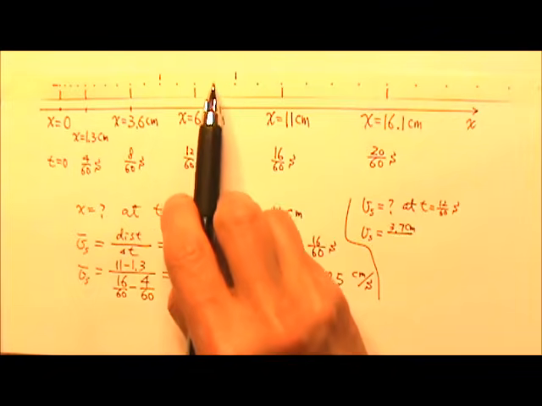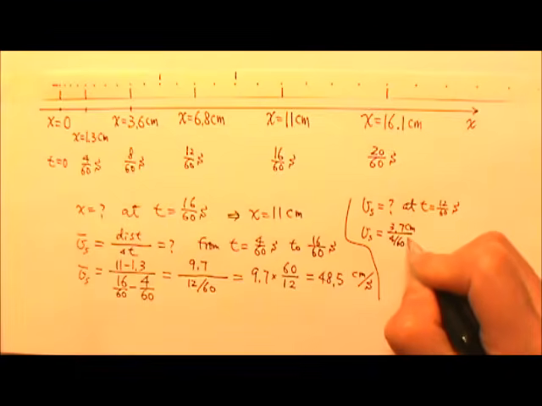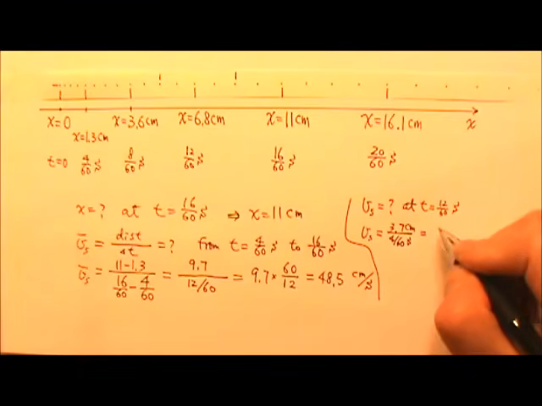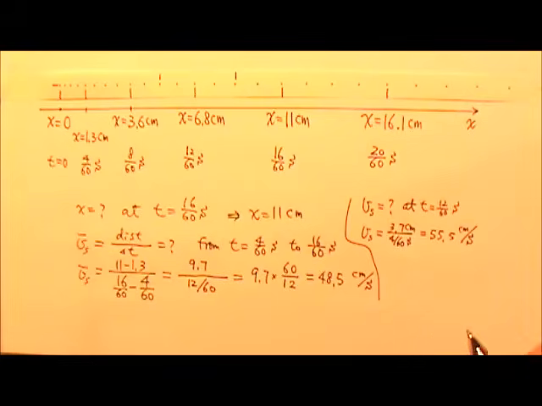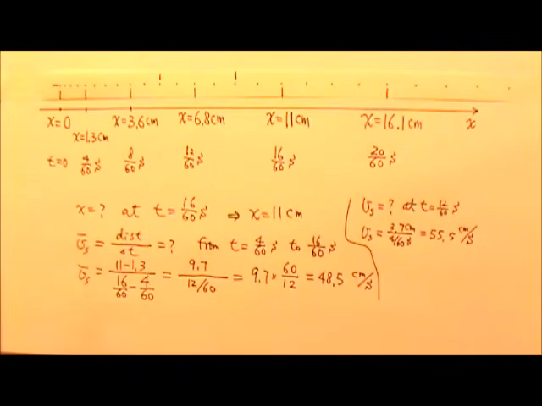Again, that will be 4 spaces, so it'll be 4/60th of a second. And if you do this calculation, you're going to get 55.5. And again, that will be centimeters per second. So that will be the instantaneous speed at 12/60th of a second, right over here.